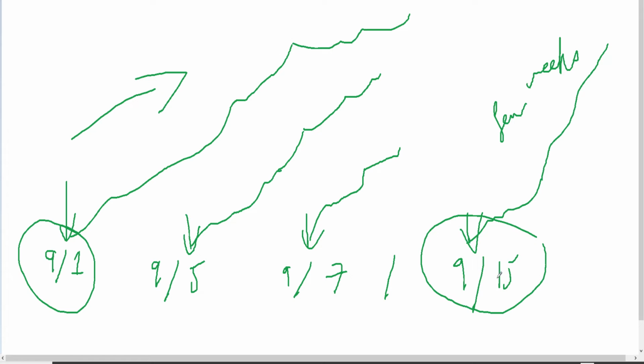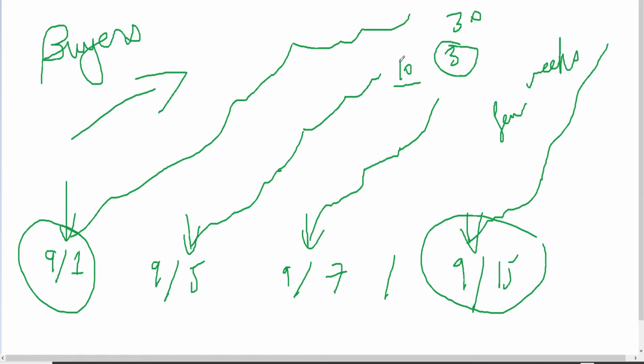It's because of the buyers. If there are a lot of buyers in any trend, the trend will go so fast. One time I saw a stock go from $10 to $30 in 3 days only. So 10, 20, 25 and 30.